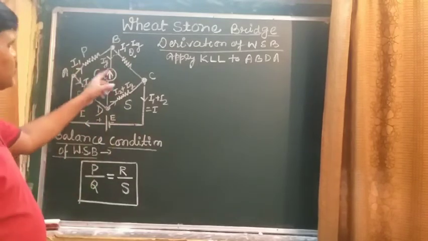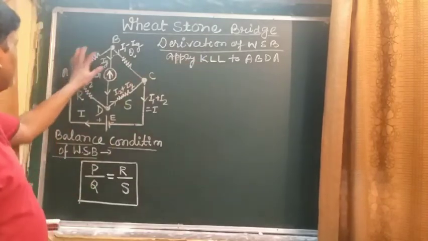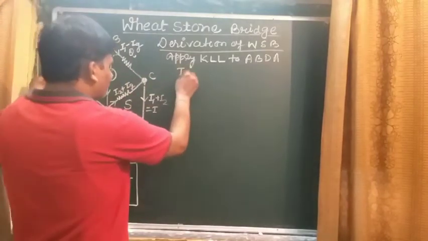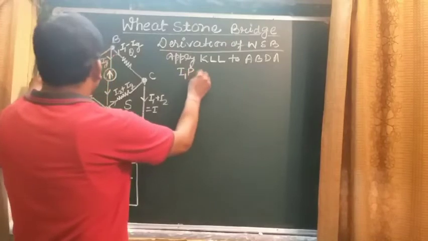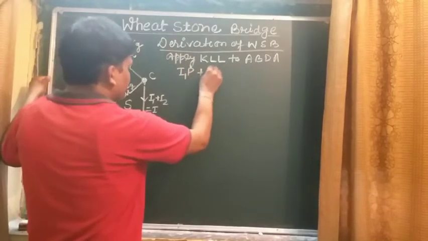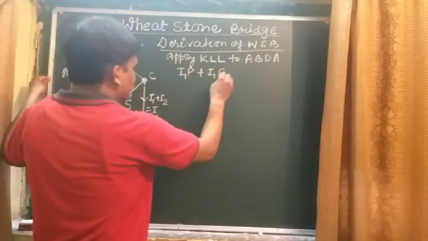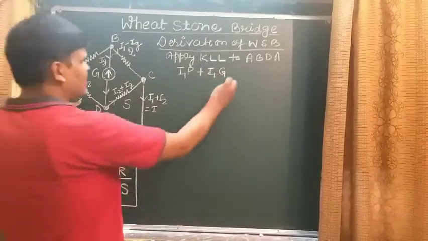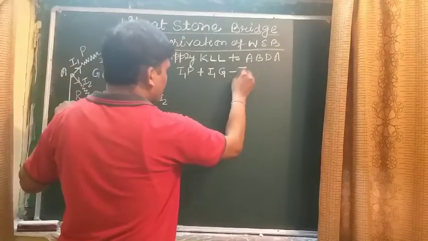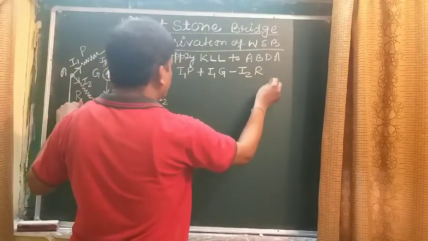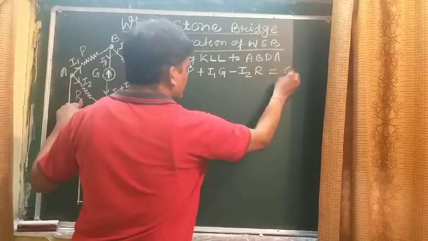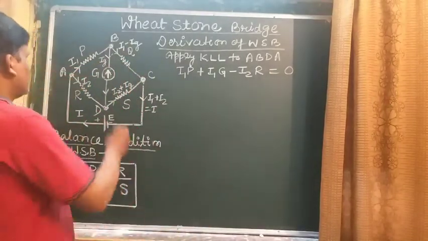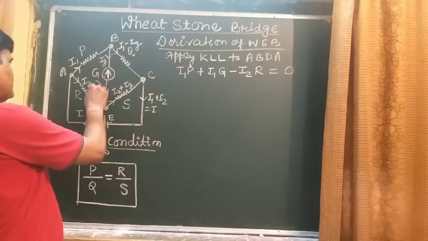So applying Kirchhoff's loop law to ABDA can be written as I1P plus I1G, current and resistance of the galvanometer G, minus I2R equal to 0, because no cell is connected in this loop.